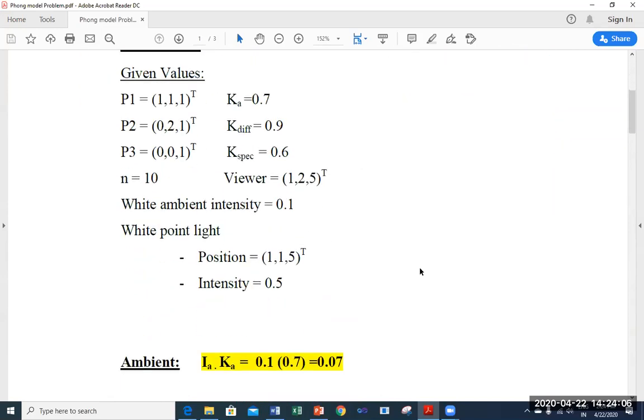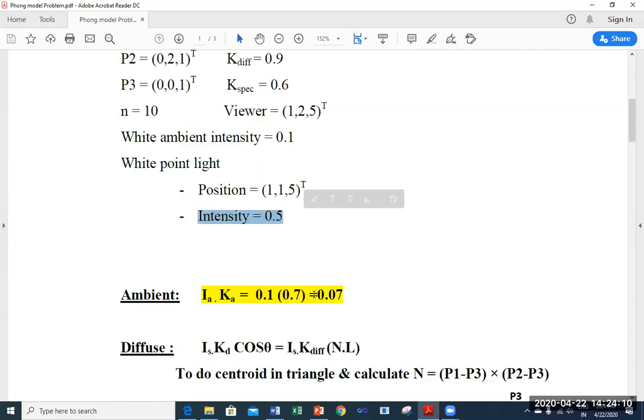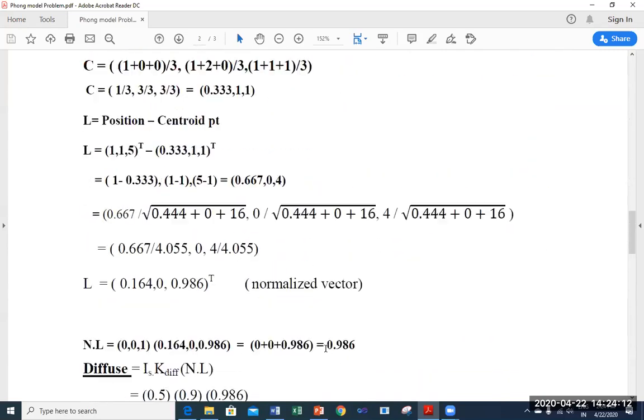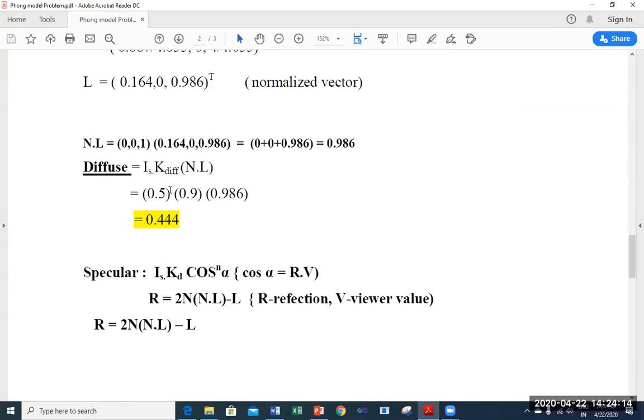So here they have given the intensity of the white point light as 0.5. The intensity of the white point light is 0.5, the diffuse factor value is 0.9, and the dot product of N and L is 0.986. So put together, when you multiply, you will get the value 0.444, right? This is the value for diffuse.